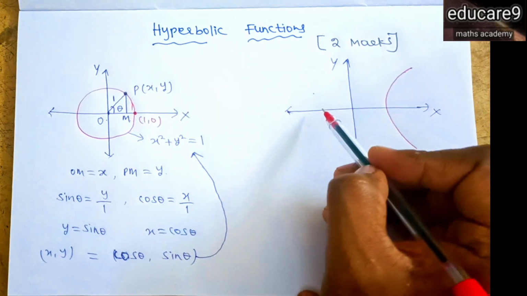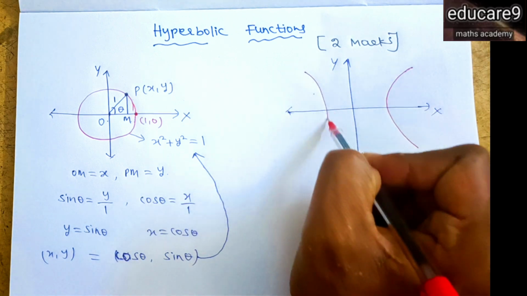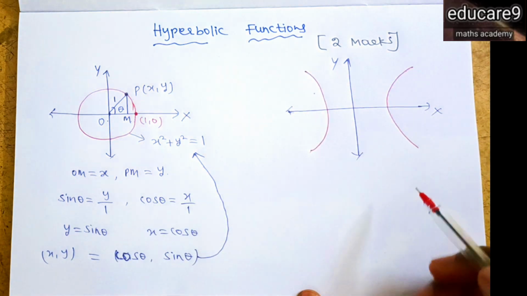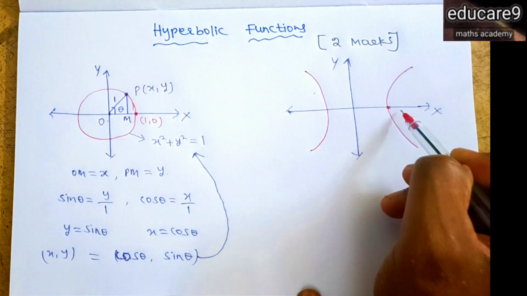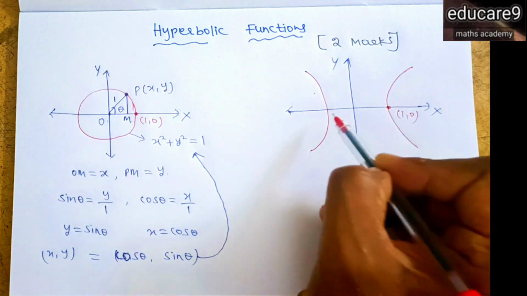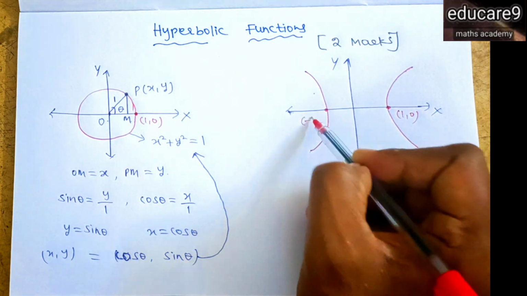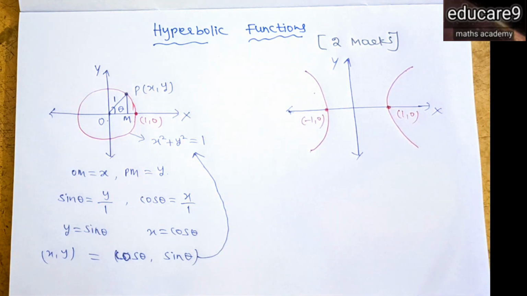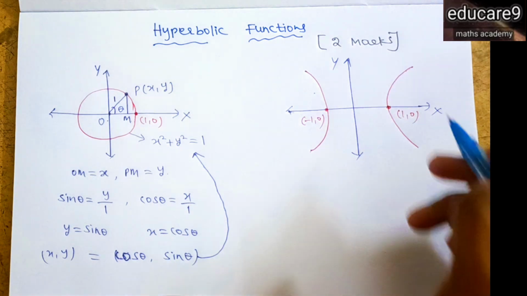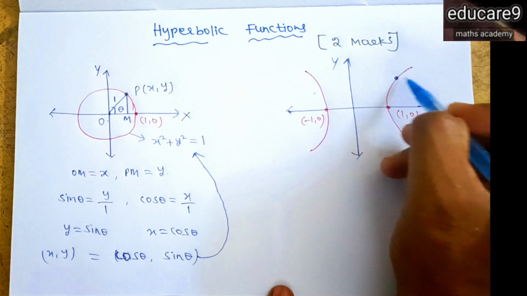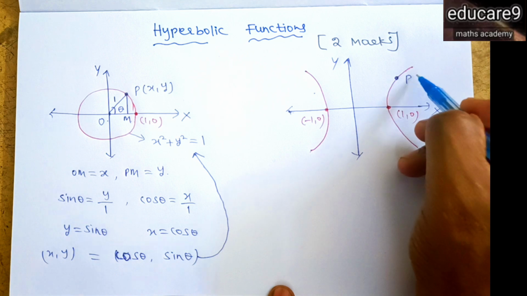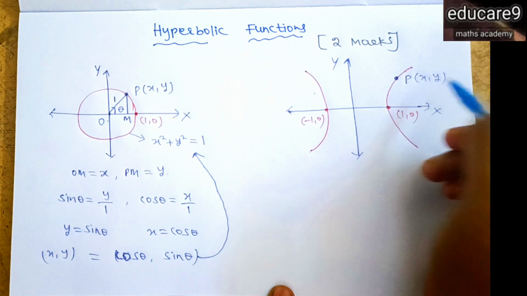This is the hyperbola. Here the hyperbola crosses the x-axis at (1, 0) and on the negative x-axis at (minus 1, 0). Now consider any point P on the hyperbola, that is (x, y).